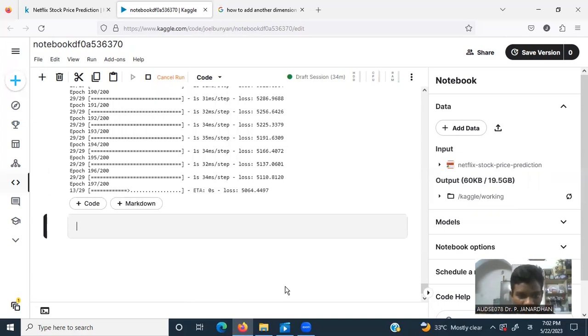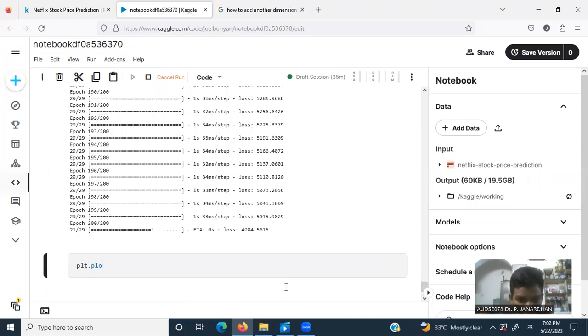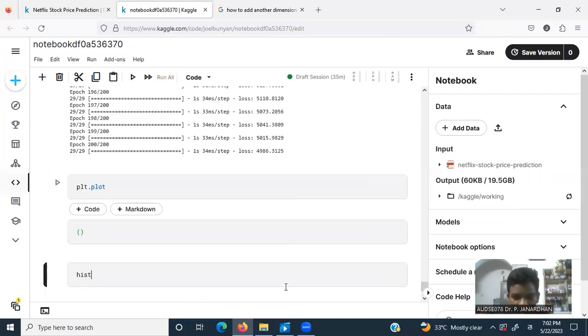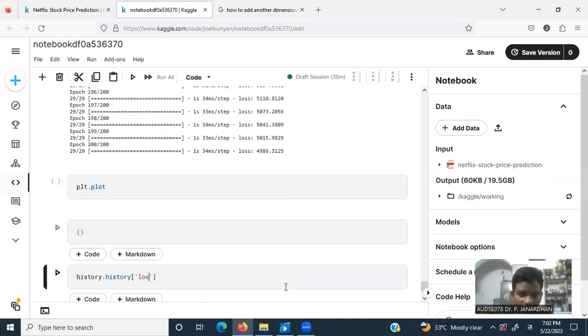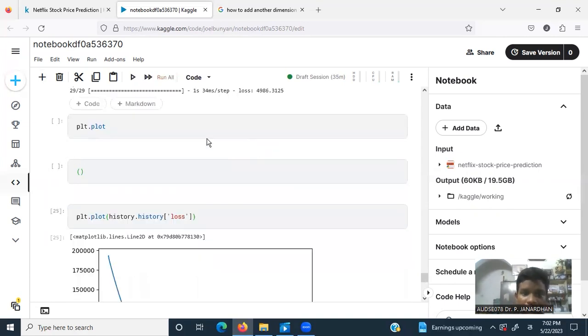Using PLT, I'm going to say plt.plot the history of loss. Let's plot the loss function, how the loss is increasing or decreasing. Okay, the final loss is only 4,000. And look at this loss curve.